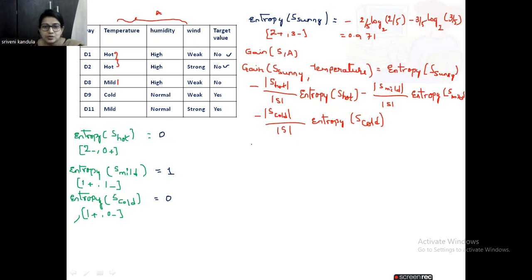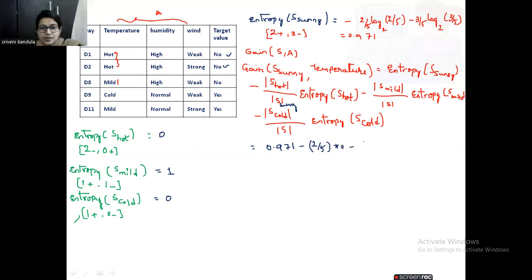Now let us substitute this in the gain formula. That is entropy of S sunny, which is 0.971 minus cardinality of S hot divided by cardinality of S sunny. The number of examples under S sunny are 5. So 2 by 5 multiplied with 0, minus S mild.